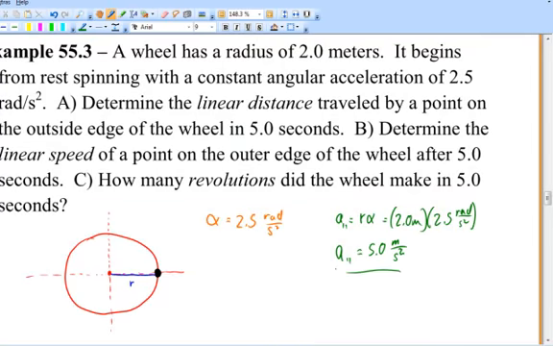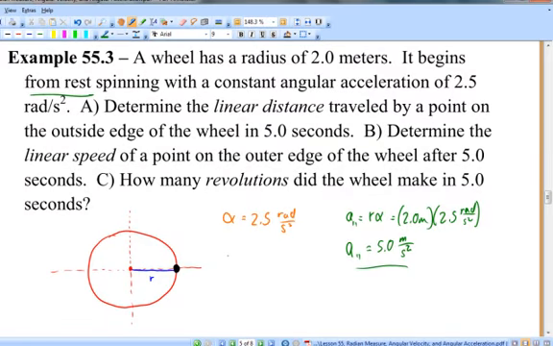It starts from rest, and so we can say that the initial angular speed is equal to 0, which means that the initial linear speed is also equal to 0. Now I know what the time is, 5 seconds, so I could write a linear equation of motion. The linear equation of motion says that s is equal to s naught plus v naught times t plus 1/2 a t squared.